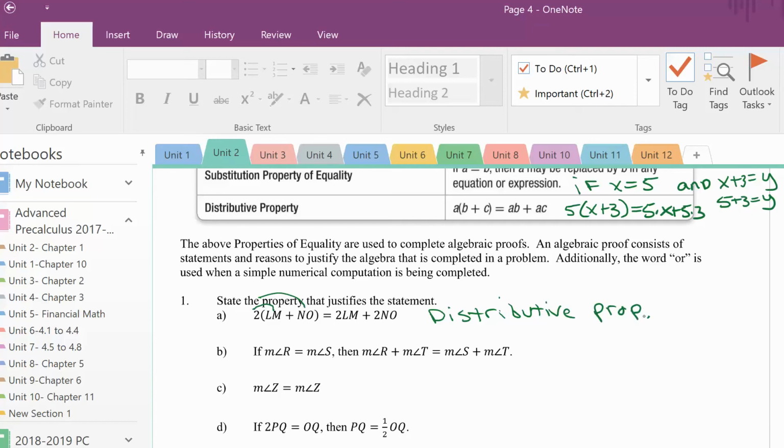If the measure of angle r equals the measure of angle s, then the measure of angle r plus the measure of angle t equals the measure of angle s plus the measure of angle t. Notice they added the measure of angle t to both sides. So this is the addition property. Whenever it says measure of angle z equals measure of angle z, notice it equals itself. That is the reflexive property.